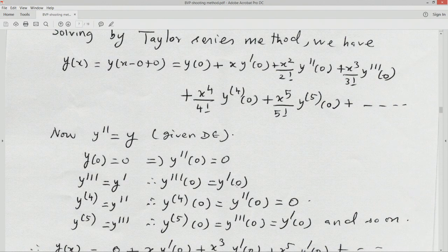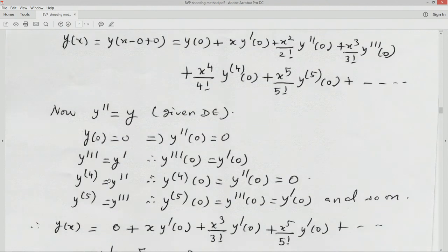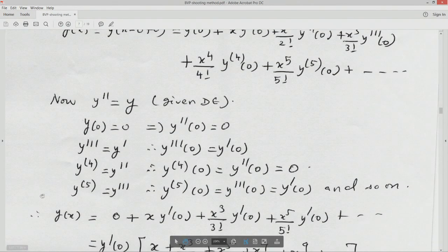Let us work out the derivatives which we have to compute so that we can substitute for these derivatives in this solution. So, the fourth derivative of y is y double prime, and fourth derivative at 0 is y double prime at 0, which is 0. The fifth derivative is the third derivative of y.